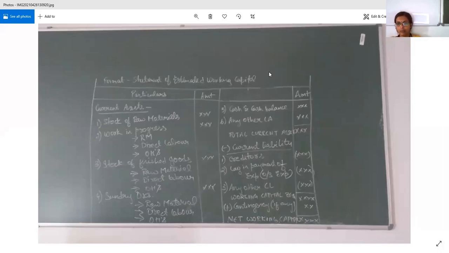Secondly, work in progress: what does that mean? It refers to semi-finished goods, where the raw materials are half converted into finished goods. What costs are involved in calculating work in progress? My material cost, labor cost, and overheads cost.